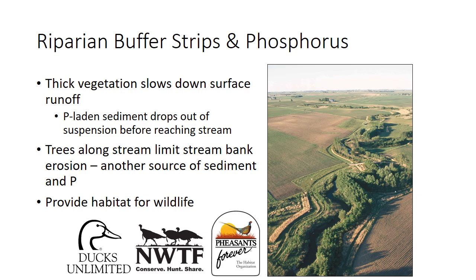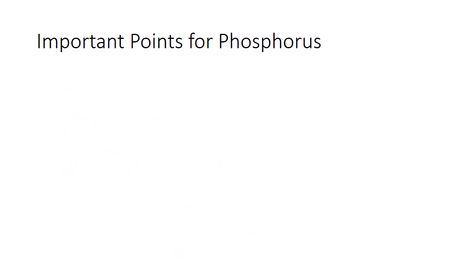And so you see a lot of cooperation between, say, the NRCS and local soil and water conservation districts and wildlife groups like Ducks Unlimited and National Wild Turkey Federation and so on, because they know that these practices both help promote water quality but also provide habitat for these animals and others.